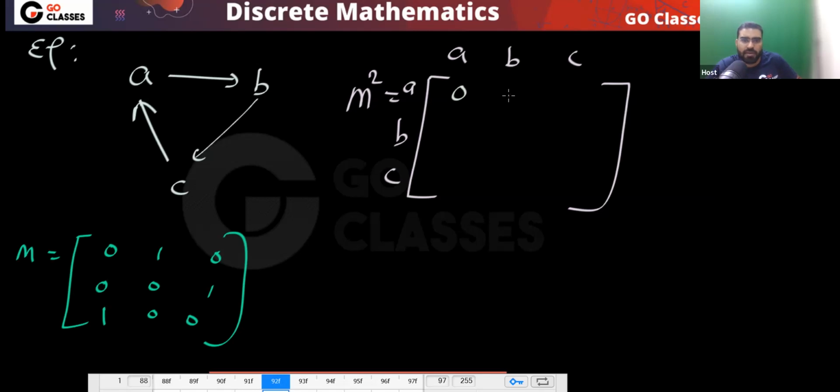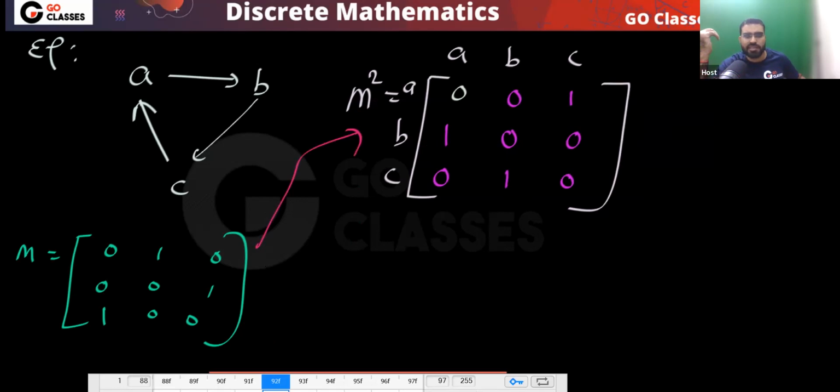From A to B, how many? Again 0. From A to C, there will be 1. From B to A, there will be 1. From B to B, 0. From B to C, 0. From C to A, 0. From C to B, 1. From C to C, 0. So if you do M square, you will definitely get this.